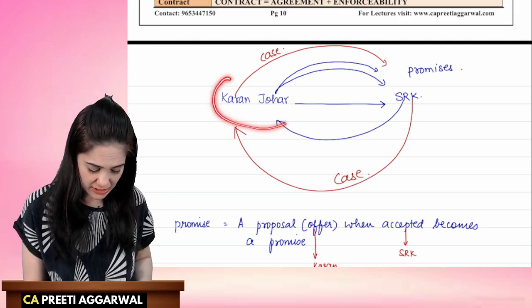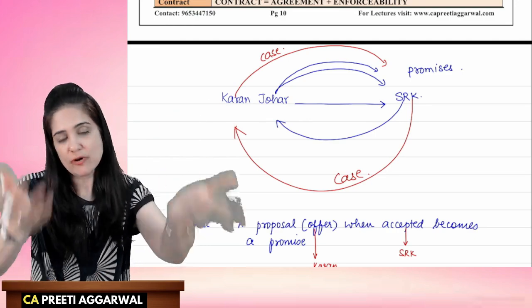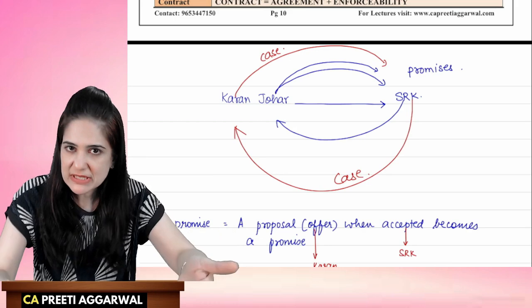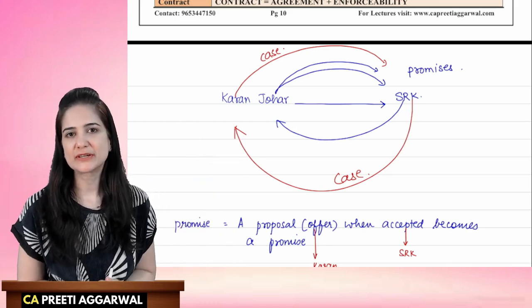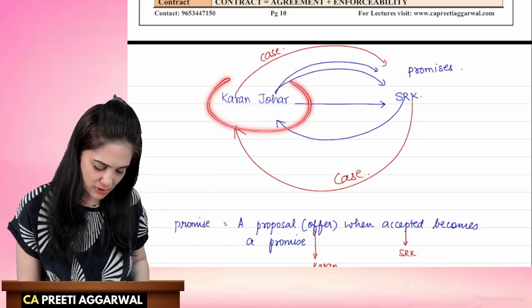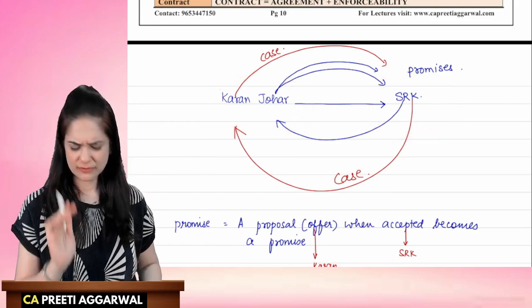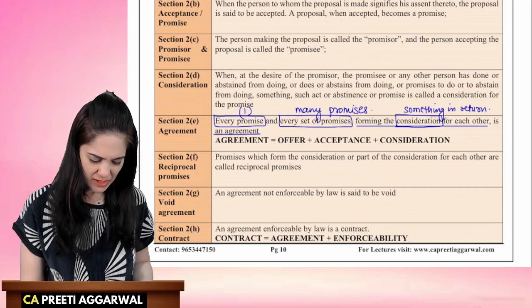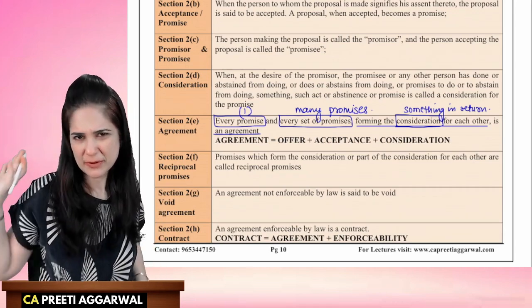So if Karan is giving money, he wants services in return. And if Shah Rukh is giving services, he wants money in return. So both the parties must get something in return. Then that is an agreement. Ma'am, give me something very easy to remember.